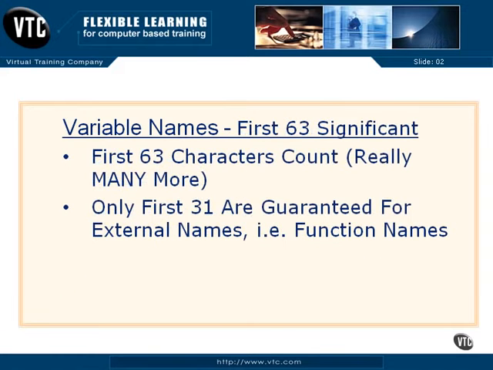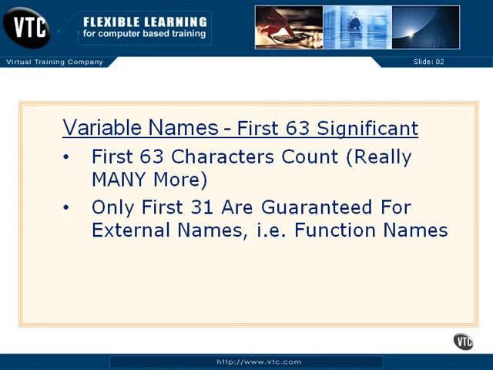When you're creating a variable name, the first 63 characters of the name are significant. By the standards and the rules, if you had a 64, 65, whatever character variable name, you're not guaranteed for that to be unique, and the compiler is allowed to complain about it.